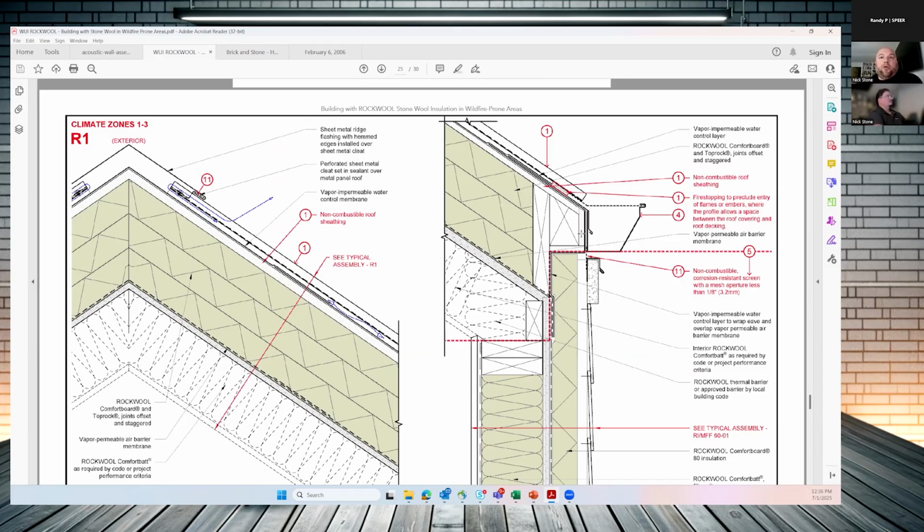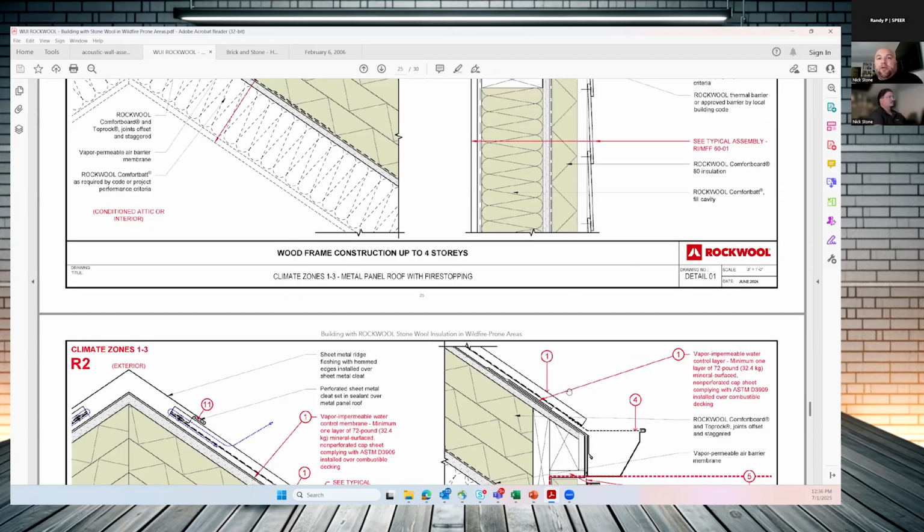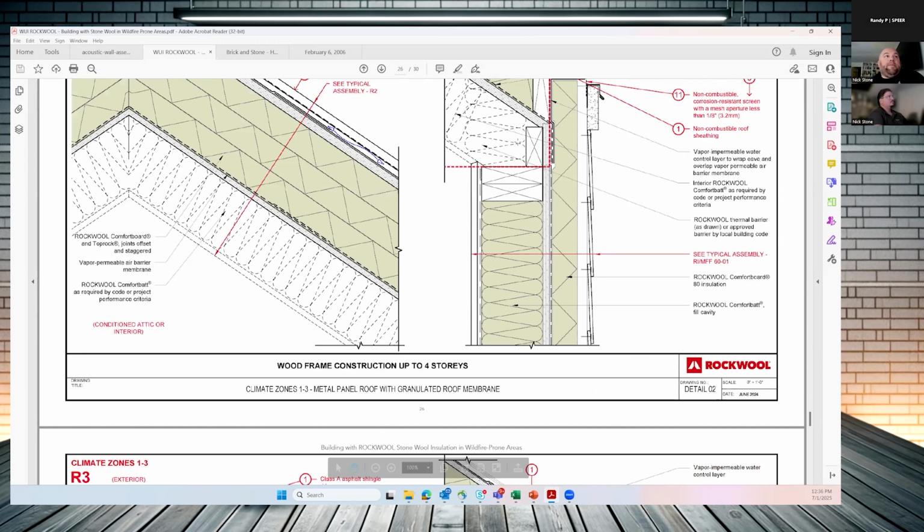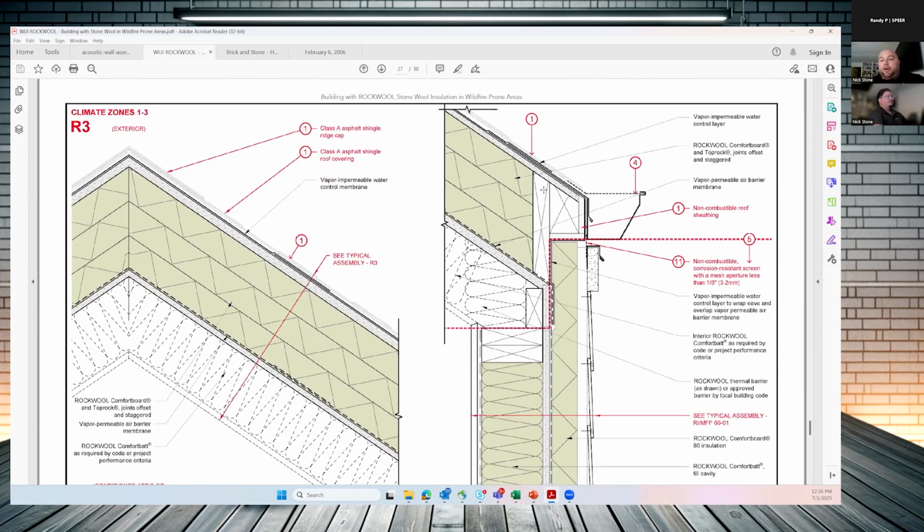But depending upon where you are in your area, wall design, if you're up here at the ridge, or down here at the base of the wall, each one of them has different components. So it's just a nice document to really walk you through the different steps and show you some of these different designs. That way, when you have questions, there's references to a lot of these items.